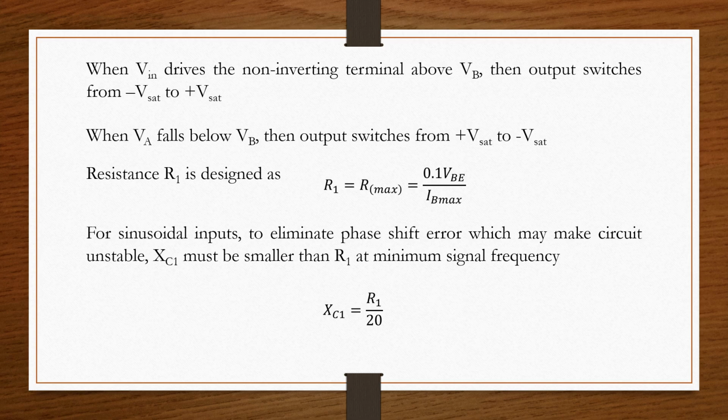That is, we are using the condition here: Xc1 is equal to R1 divided by 20, and here C1 is 1 divided by 2 pi FL times R1 divided by 20. It is assumed that the input impedance of the op amp is very large compared to that of R1. With this assumption, we are deriving these particular relations.